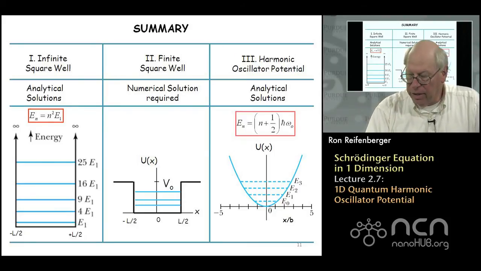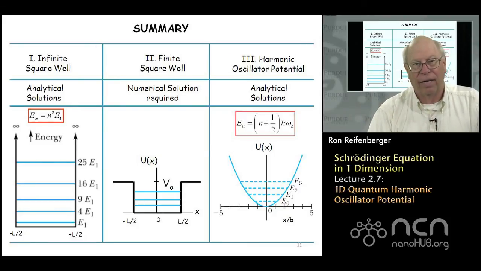I'd like to try one last time to summarize the results of the previous 3 lectures in one slide. And here what I do is show you the analytical solutions for the energy eigenvalues of a quantum particle in an infinite square well, in a finite square well, and in this harmonic oscillator potential well.